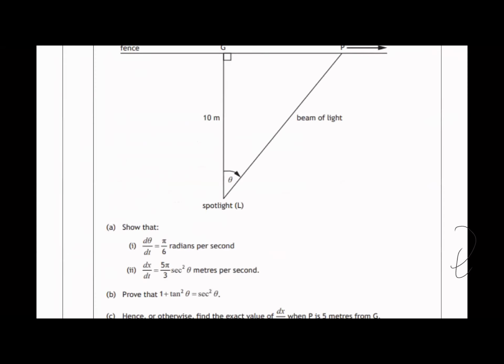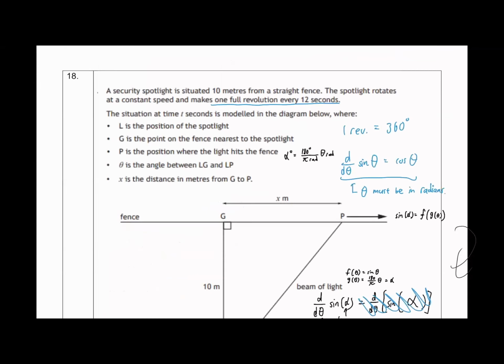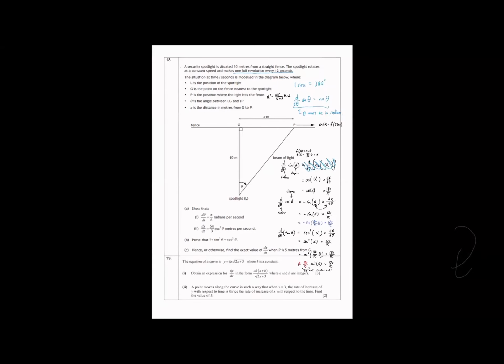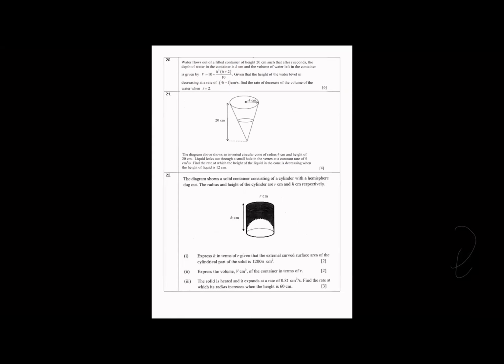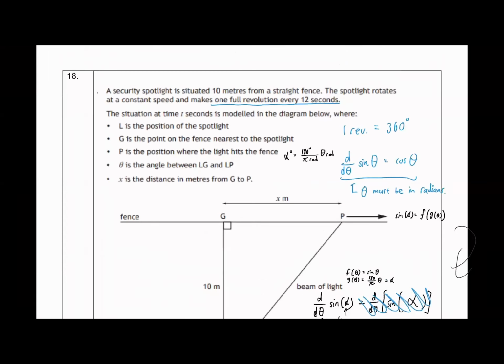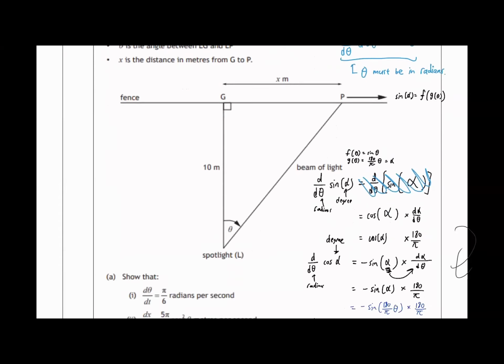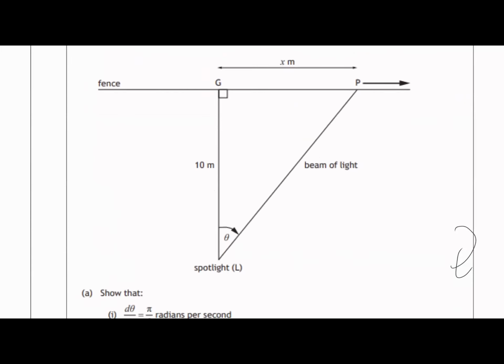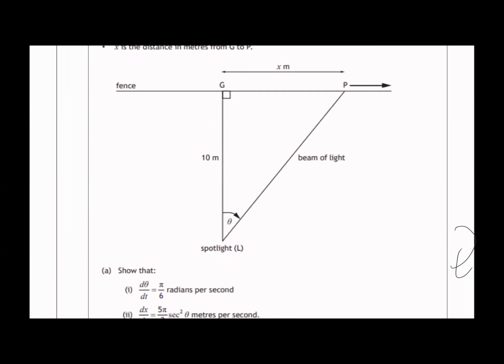Sorry, give me a second to edit this. And I'm going to clear this. Okay. So how do we show that d theta by dt is equal to pi over 6?